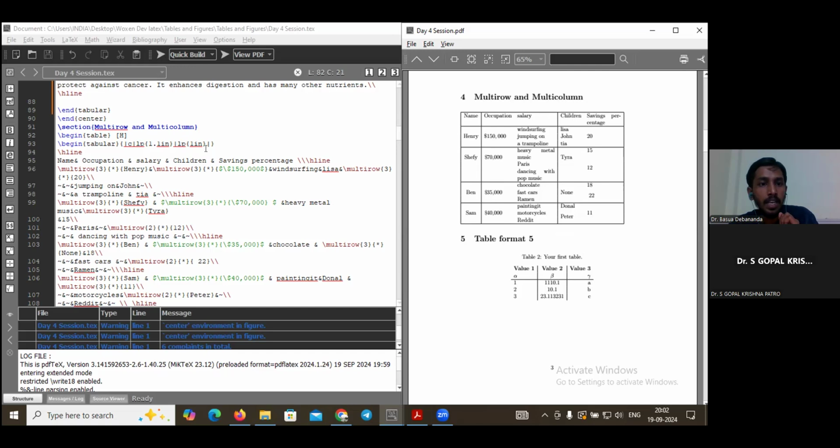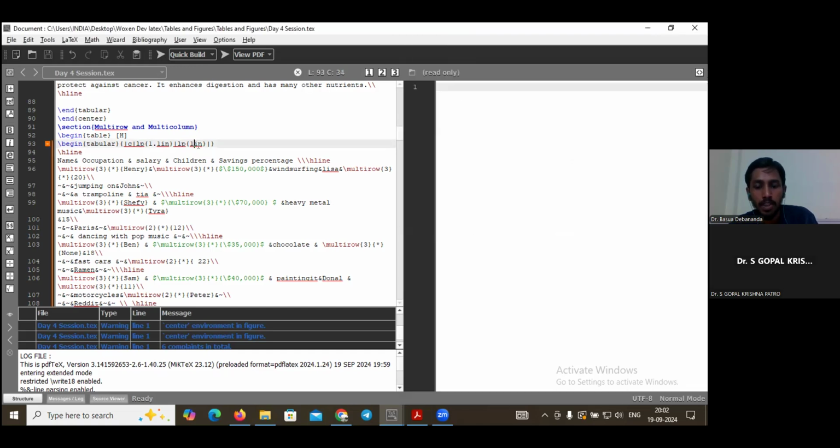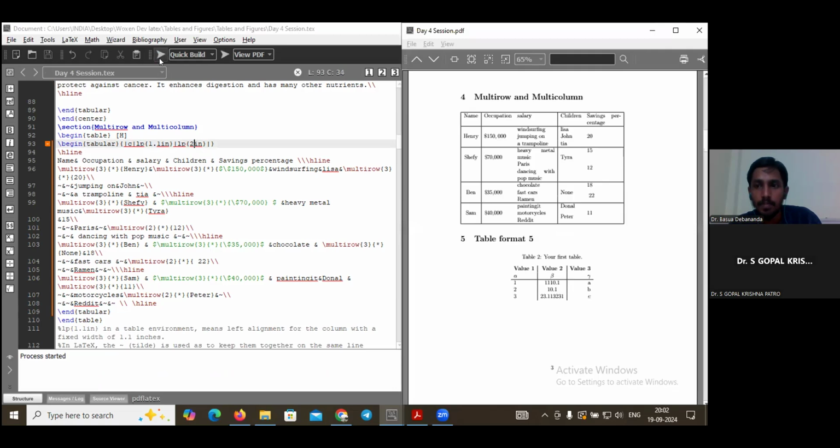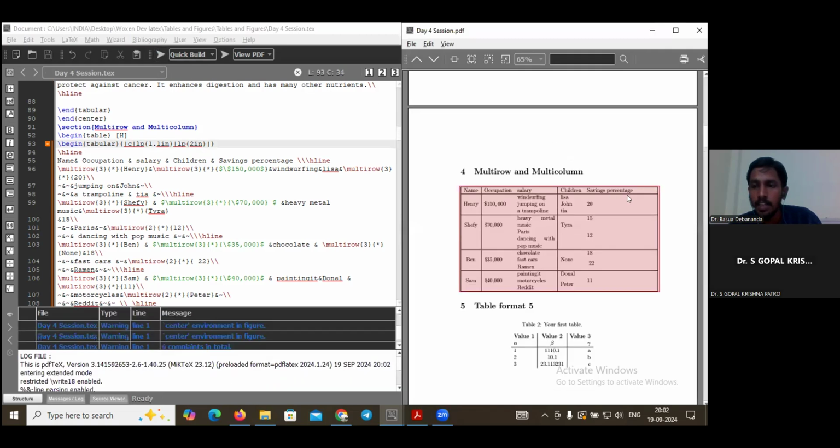If you want more, just type 2 inch here. I will compile. See, I got more width. Now it looks a little better.